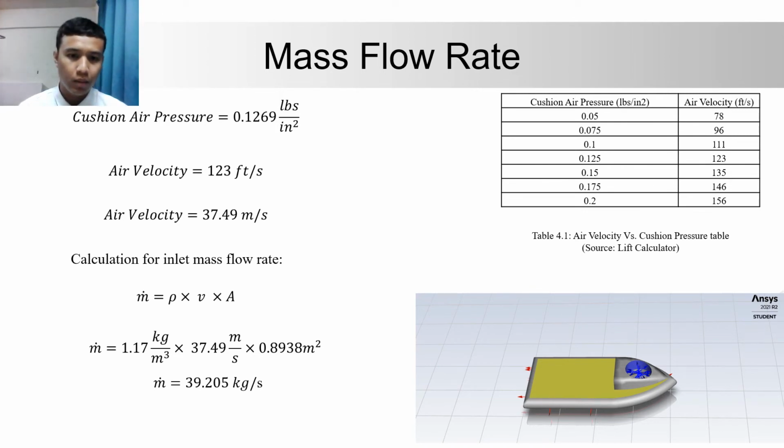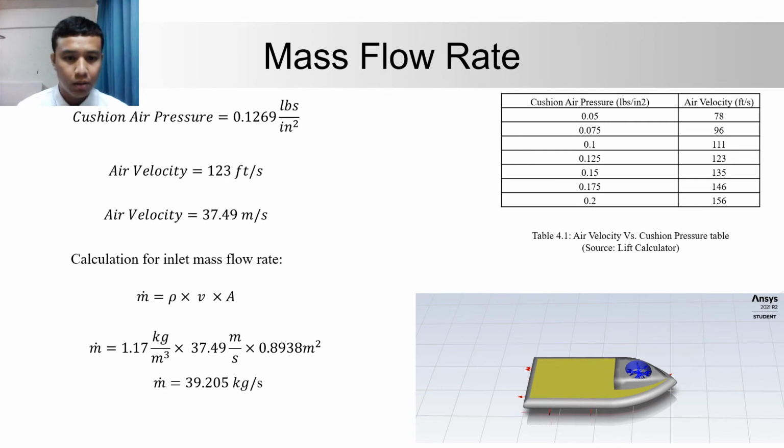After we did our interpolation, I got 123 feet per second. Then the air velocity, I have converted it to meters per second, then I get 37.49.